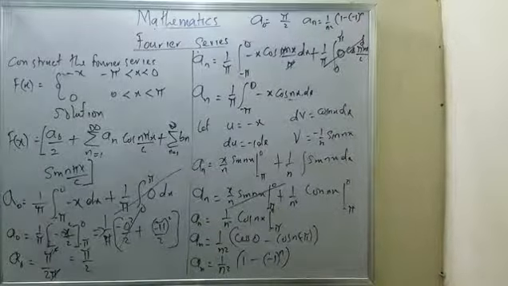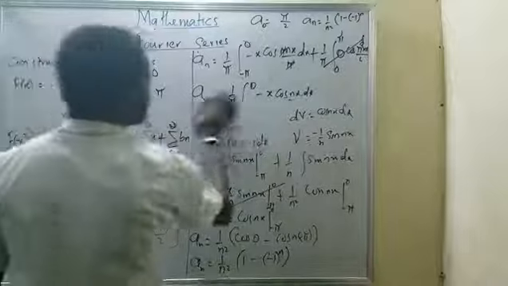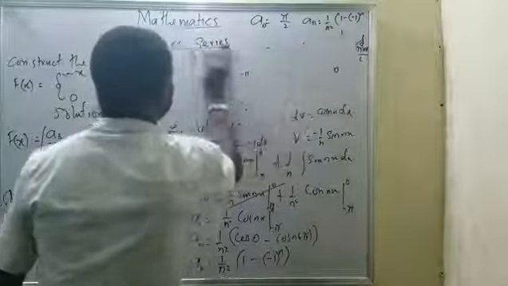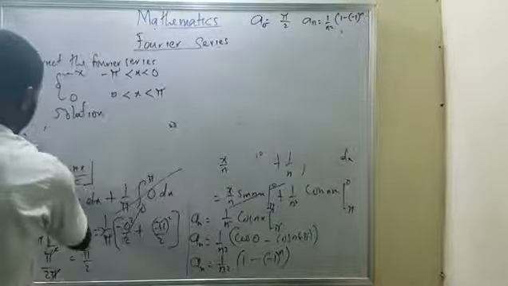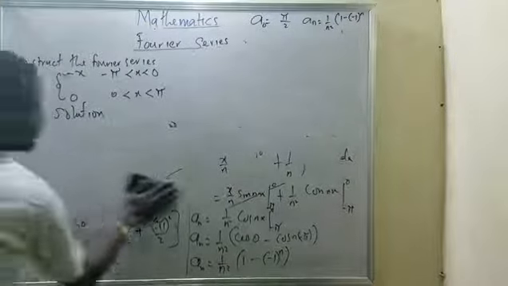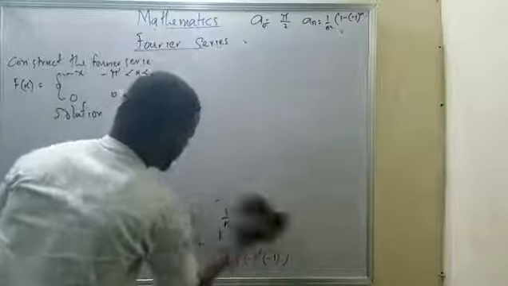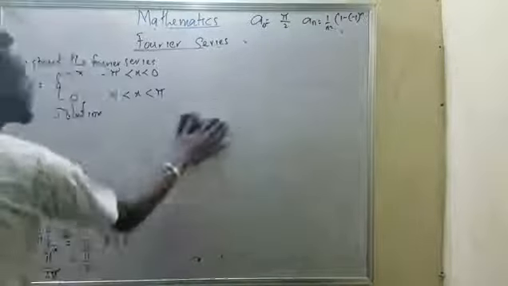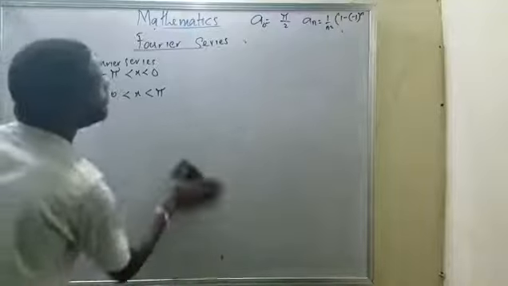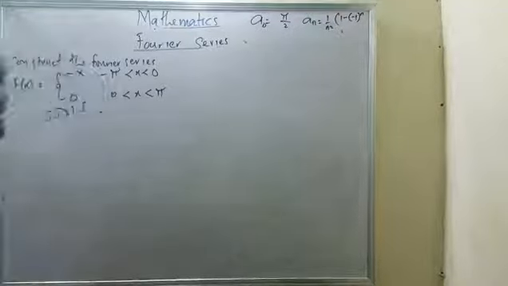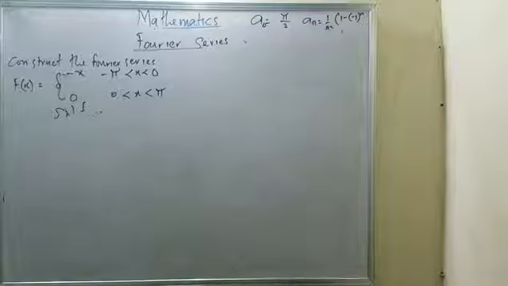Now, since I have this, what next can I do? I need my b of n. I've generated my a naught and a n, so what remains is b of n.